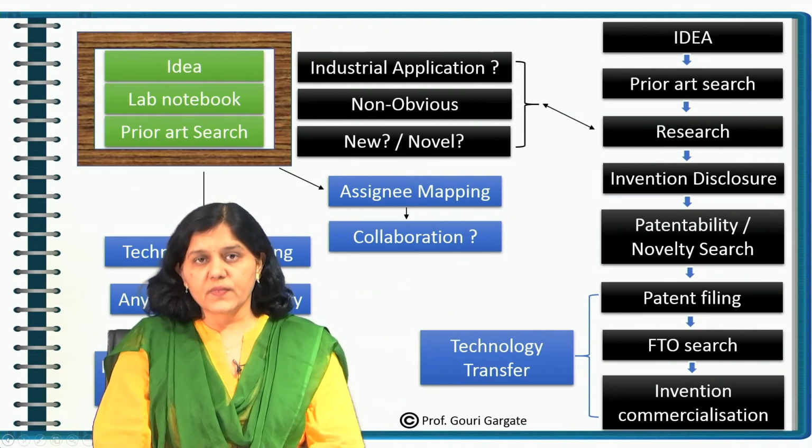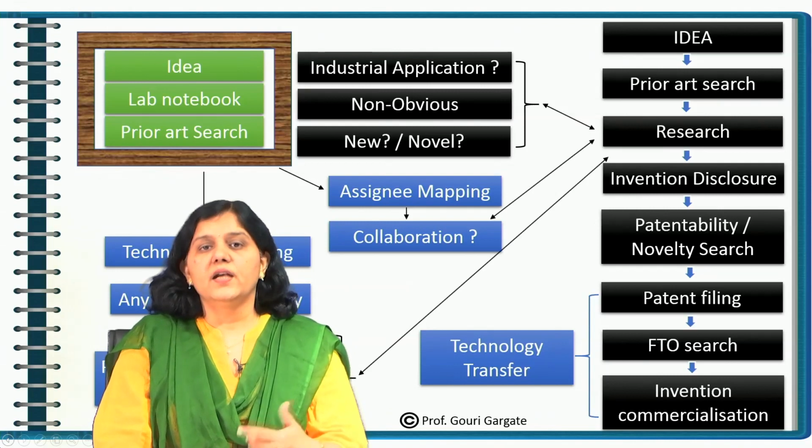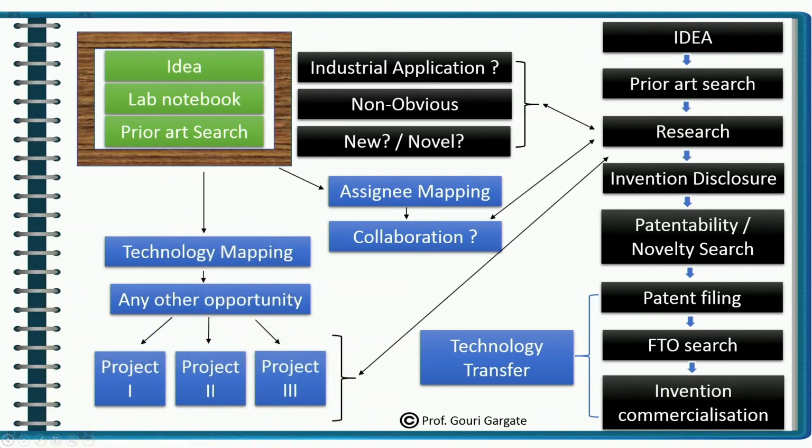Now, after this, it will follow the same line, that is invention disclosure, patentability search, patent filing, freedom to operate search, and then invention commercialization. So, this is, in short, what the IP identification tool is.